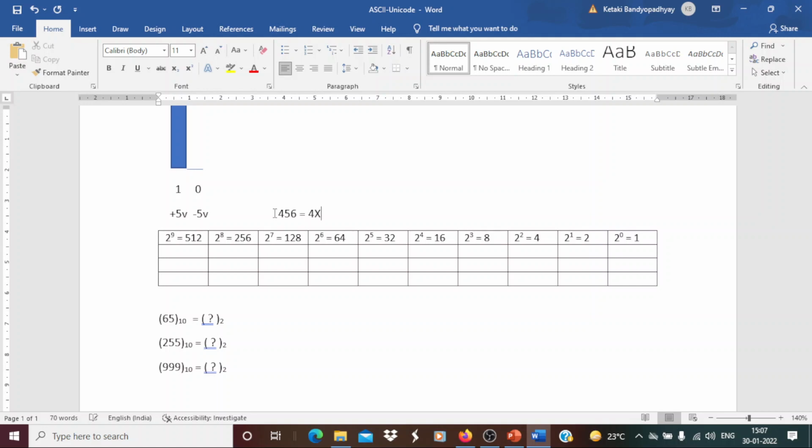So now this number is basically 4 into 10 square, plus 5 into 10 to the power 1, plus 6 into 10 to the power 0. So every decimal number we are handling is actually built in this way.